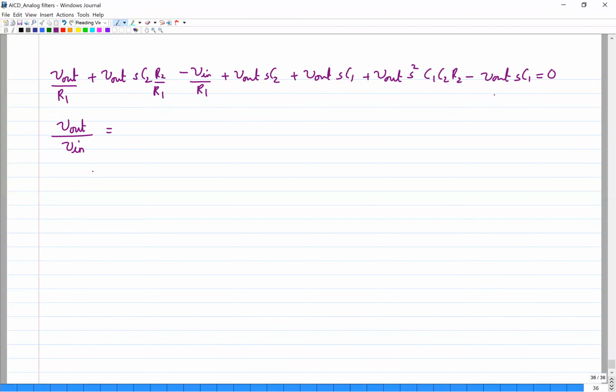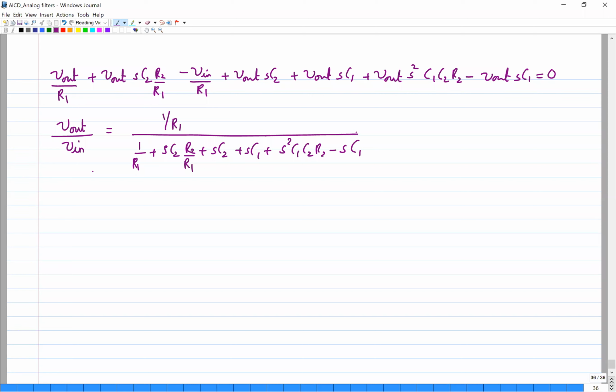your Vin, there is one term in Vin, the coefficient is 1 by R1, so the numerator is 1 by R1, divided by the denominator terms: 1 by R1 plus SC2 into R2 by R1 plus SC2 plus S square C1 C2 R2 and minus SC1. This is actually the denominator. Now here you can see plus SC1 and minus SC1.